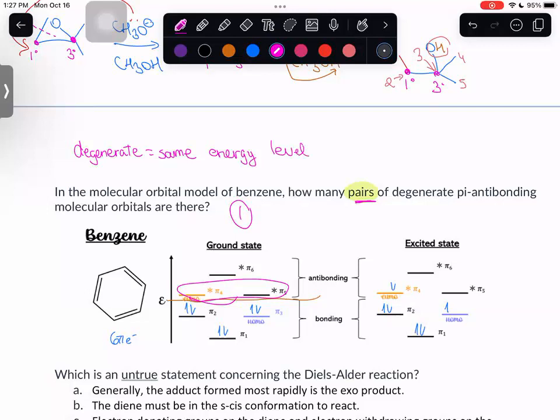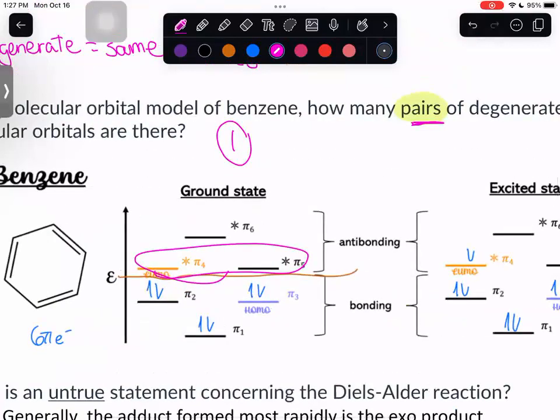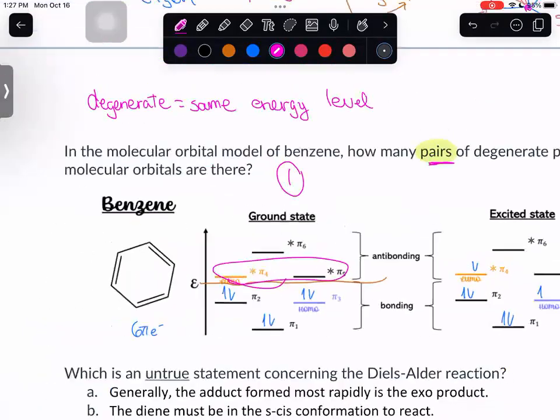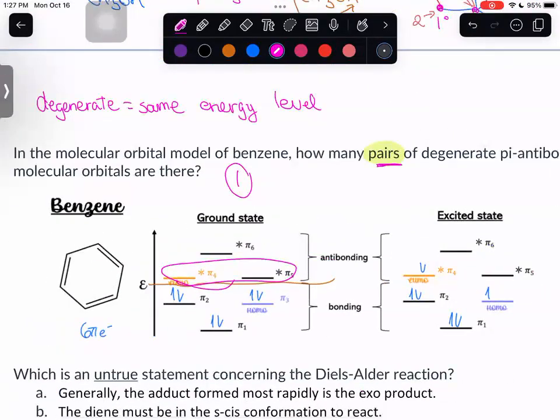Okay, so let's break down that question. So first of all, degenerate just means that the orbitals are in the same energy level. And then they're asking for anti-bonding orbitals, so we're only looking from pi 4 until pi 6, the ones on the top. We have 3, but in this case, they're asking for how many pairs we have. A pair constitutes 2.